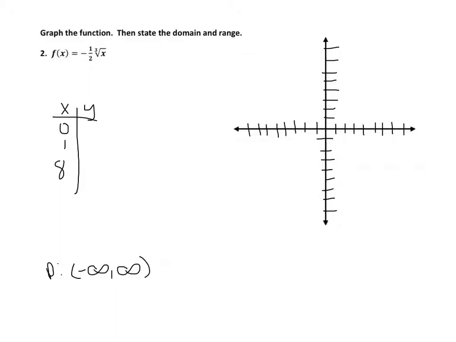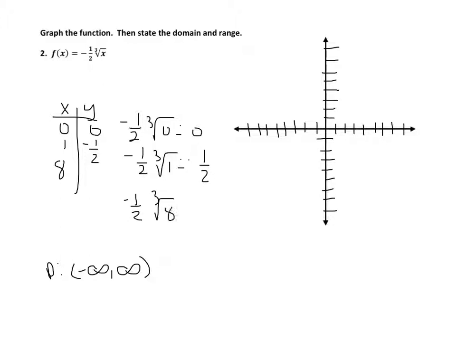So if I plugged in 0, -1/2 cube root of 0 equals 0. -1/2 cube root of 1 equals -1/2. So I have 0, 0, 1, -1/2, and then -1/2 cube root of 8 equals -1. So you might want to also try the -1 because we need to get positive and negative sides of it.